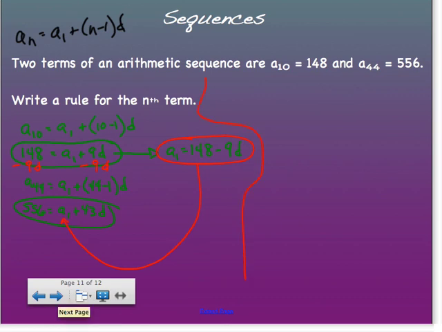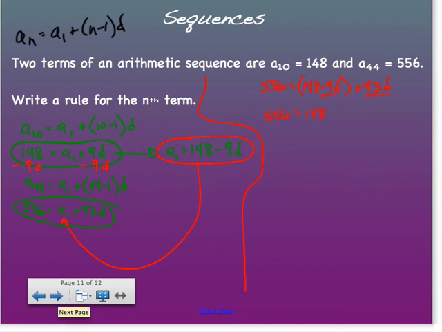Okay, I'm going to try and create a little bit more space here. So I have 556 equals, using that second formula, a sub 1, which used to be just plain old a sub 1, is now 148 minus 9d plus 43d, still from the original equation. When I combine the d's, negative 9d and 43d, I get 34d.